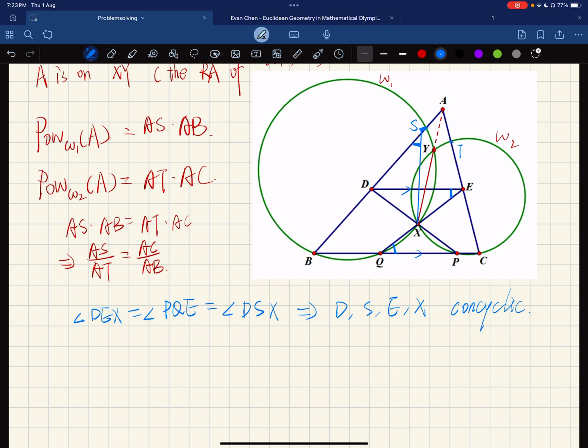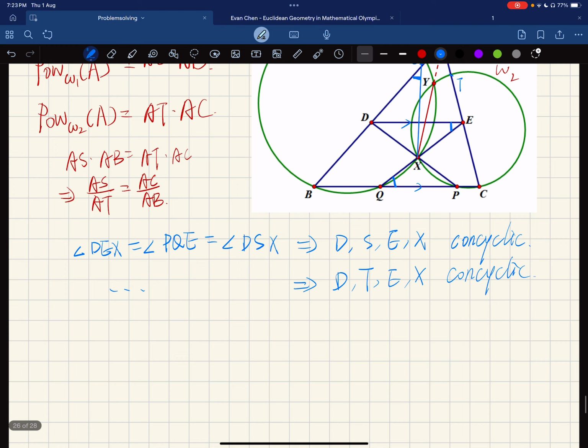In the same way, D, T, E, X are also concyclic. So the 5 points D, S, T, E, X are concyclic.